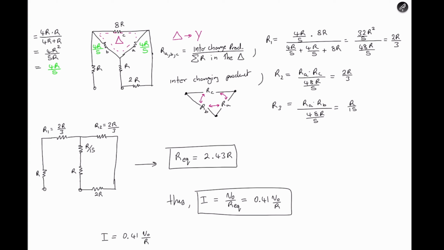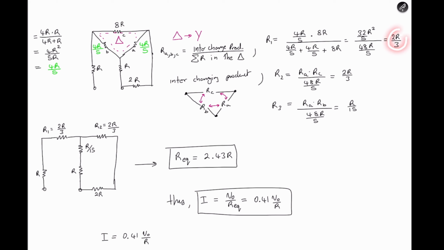So for R1 in the Y, which is the Y that we're focusing on right now, we're dealing with this resistance. We see that the interchanging product is these two, so we multiply those together. The sum of the resistors in the delta is going to equal 48R over 5.